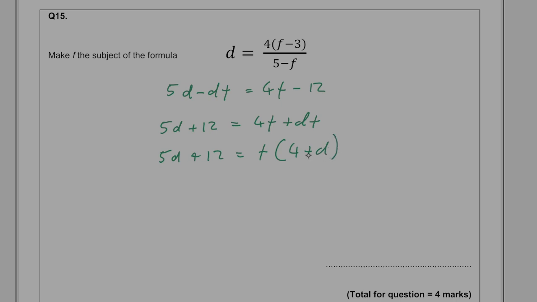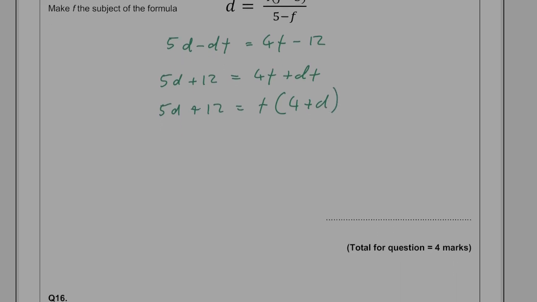I'm then going to divide both sides by 4 plus d, and that would give me, if I switch sides as well, 5d plus 12, all divided by 4 plus d. And you could have had these the other way around, that's absolutely fine. So it could be 12 plus 5d or d plus 4.